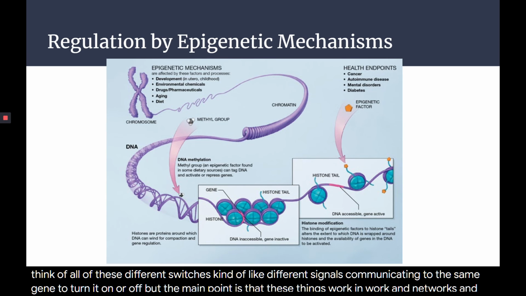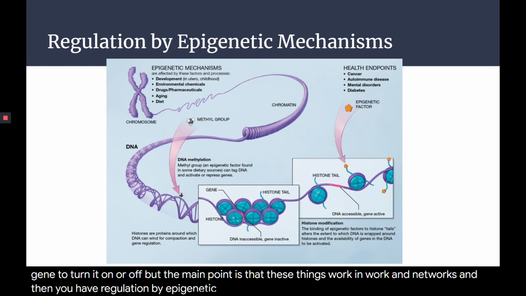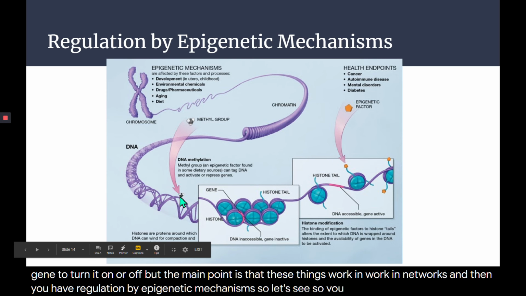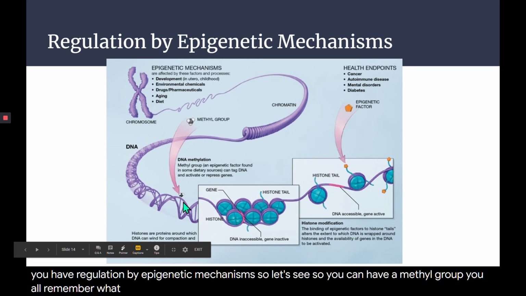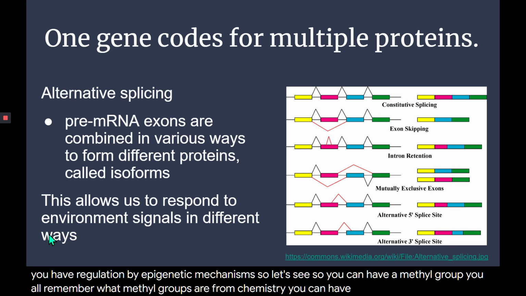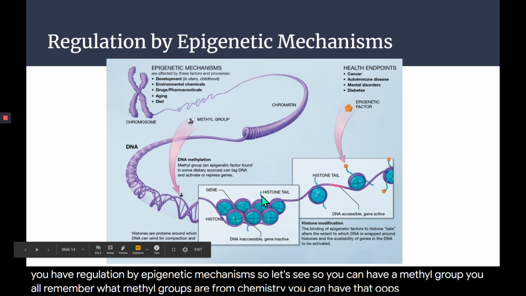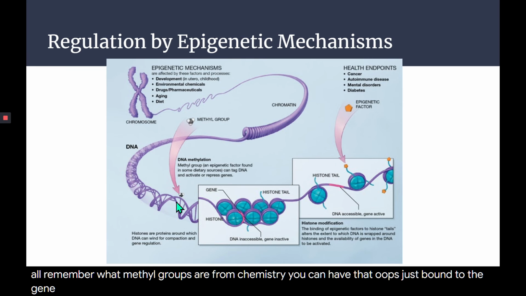And then you have regulation by epigenetic mechanisms. So you can have a methyl group. You all remember what methyl groups are from chemistry. You can have that just bound to the gene or bound to the switch, and then you can't transcribe that portion.